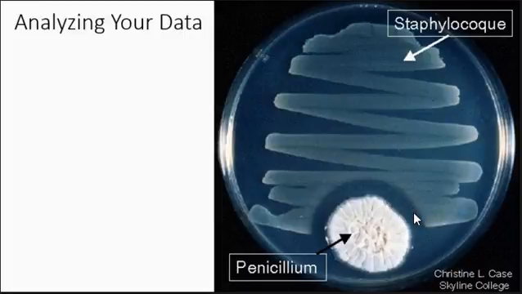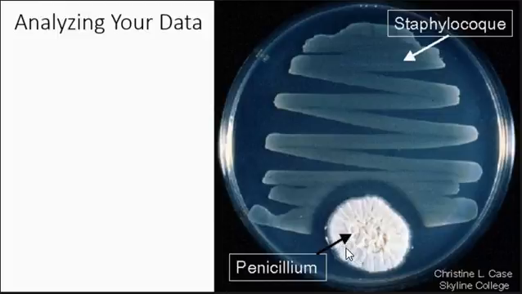And actually, Alexander Fleming, the discoverer of the chemical penicillin, made this exact observation. He looked at his mold growing on the Petri dish and he said, hey, look at this. It's killing the bacteria around the outside of here. It's inhibiting the growth of the bacteria around there.